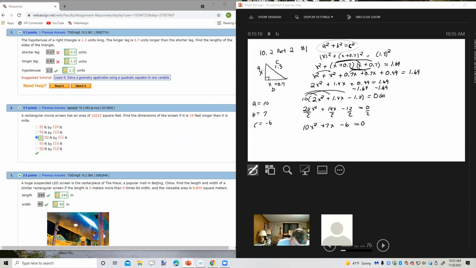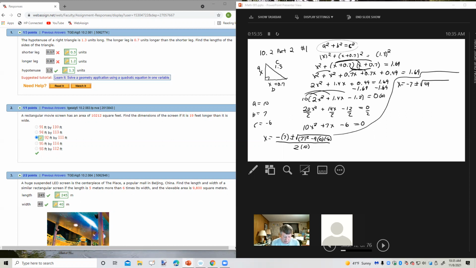So now we've got x equals negative b plus or minus the square root of b squared minus 4ac all over 2a. Let's see if we can get this. x equals -7 plus or minus the square root of 49.